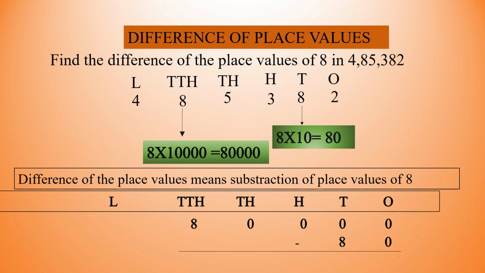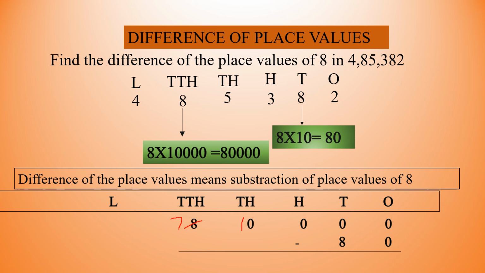Children, you all know how to do borrowing sums. We will borrow 1 from 8 in 10,000 place. When we borrow 1 from 8 in 10,000 place, it becomes 7. 0 in 1,000 place will become 10.